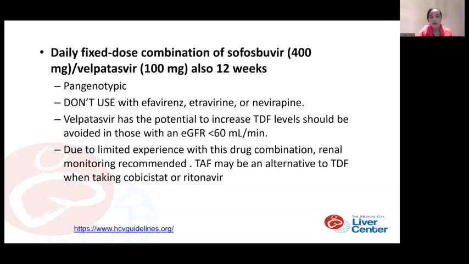And if ever you have patients who have renal compromise or kidney issues, you may use tenofovir alafenamide as an alternative to the TDF or tenofovir disoproxil. So tenofovir alafenamide is basically a new version of TDF, as you know, which decreases the exposure of the kidneys to tenofovir.